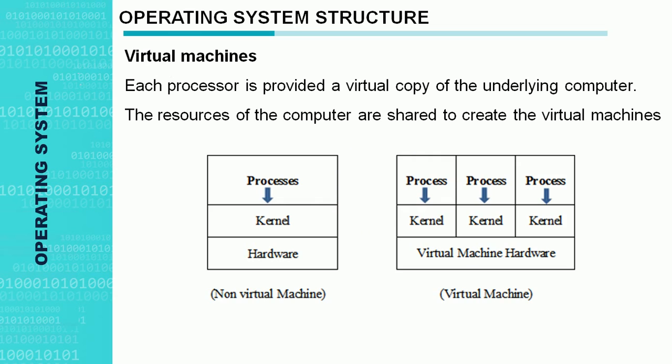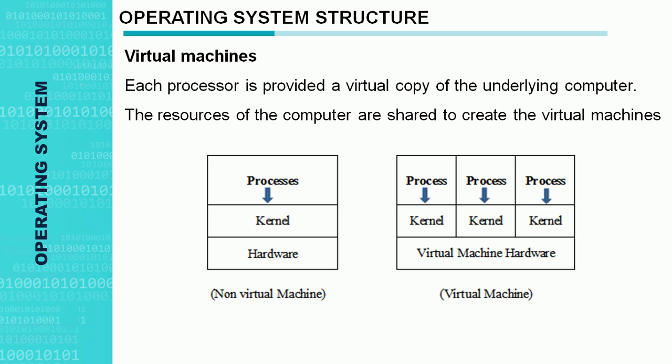In operating system structure, the virtual machine plays a major role. By using CPU scheduling and virtual memory techniques, an operating system can create multiple processes, and each executes on its own with its own virtual memory. Each process is provided a virtual copy of the computer.